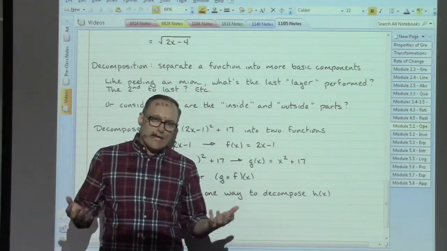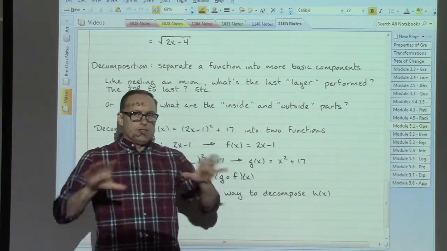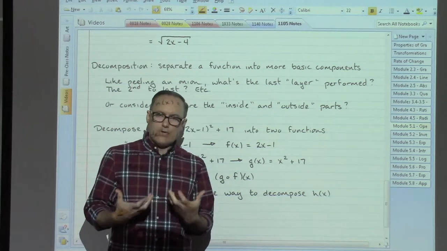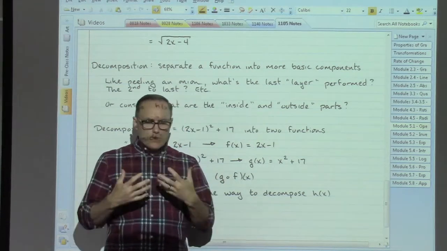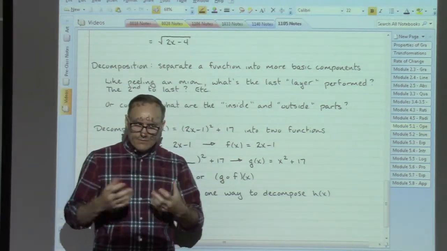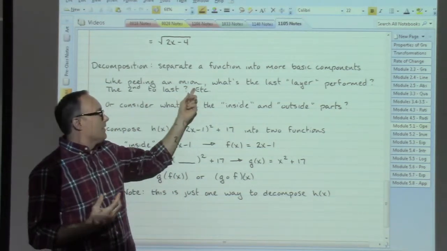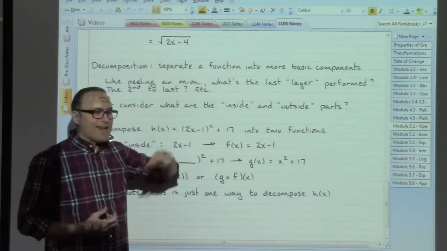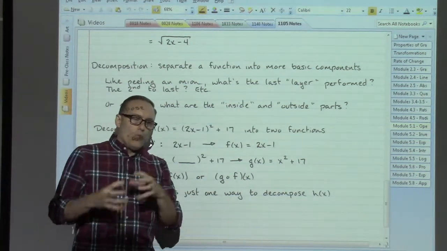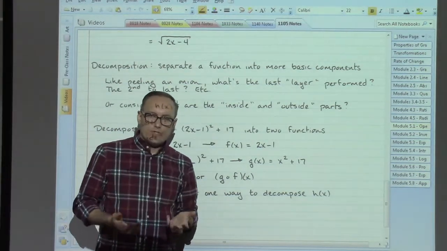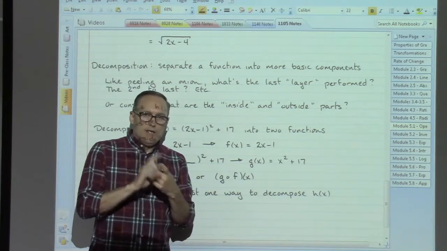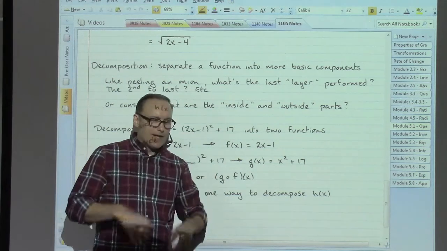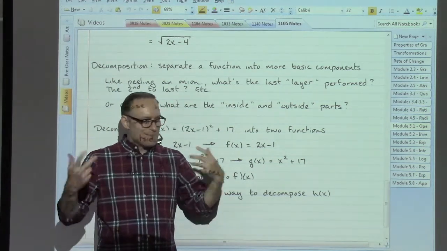So what's the outside layer versus the inside layer, to just, again, use that very simple set of descriptions, inside, outside. So what is on the outside? Layer style, onion, right? So inside, outside. We want to keep in mind the basic functions that we've talked about. So we've got our linear function. That's not super helpful for us as far as thinking of, oh, y equals x is a basic function.